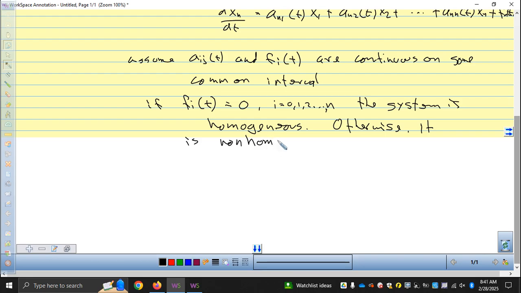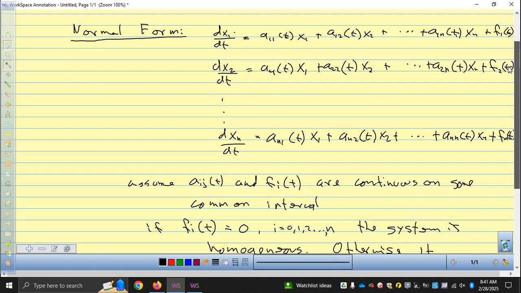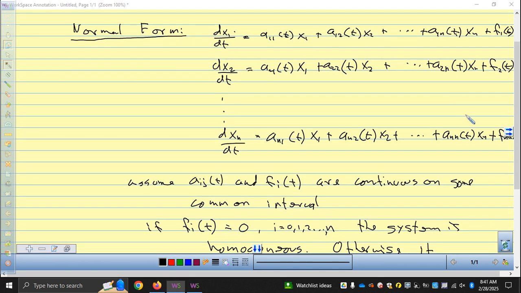Now, a lot of what we talk about today is an exact analog of what we talked about for higher order differential equations. We're just applying it to systems. So what we generally do is represent this system in matrix form.